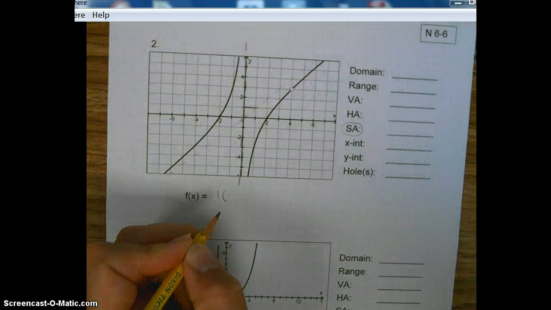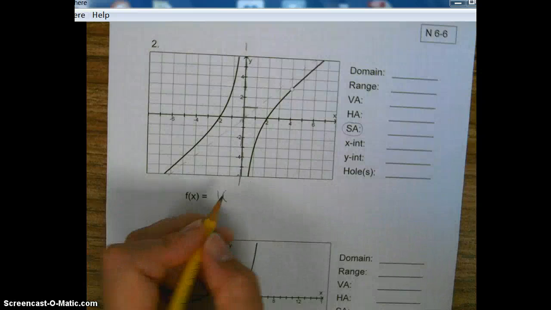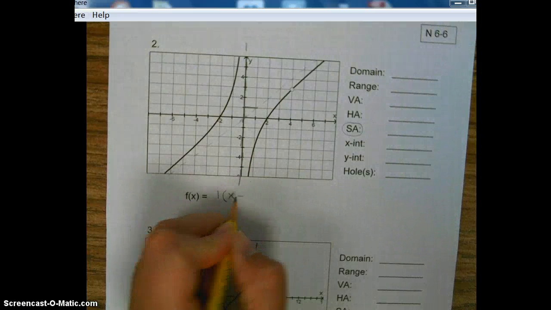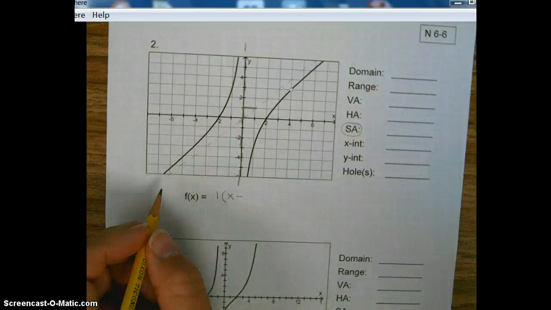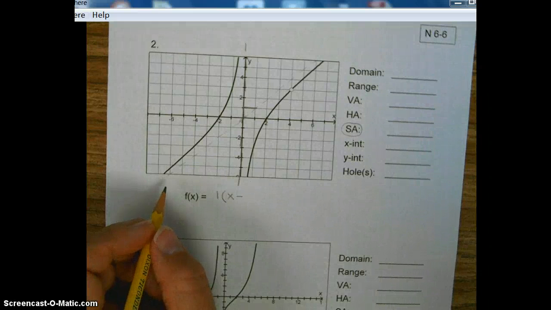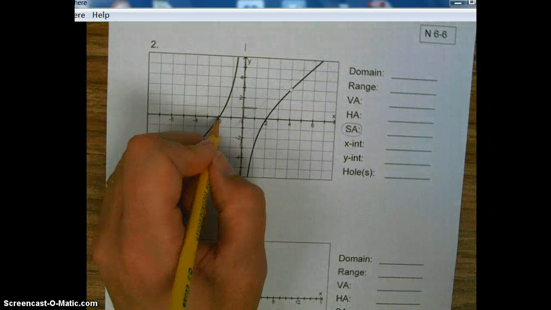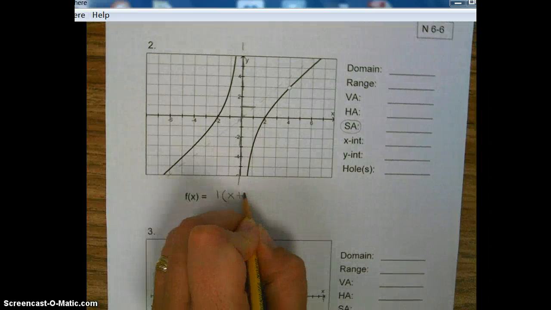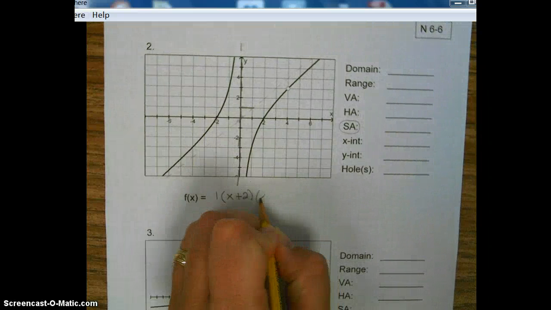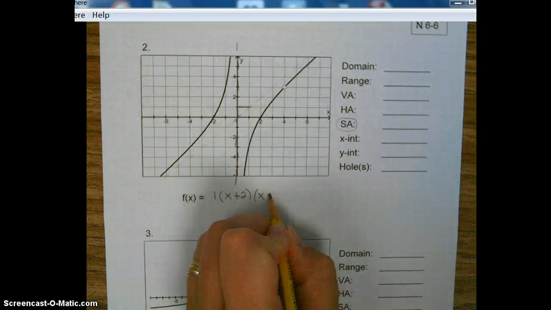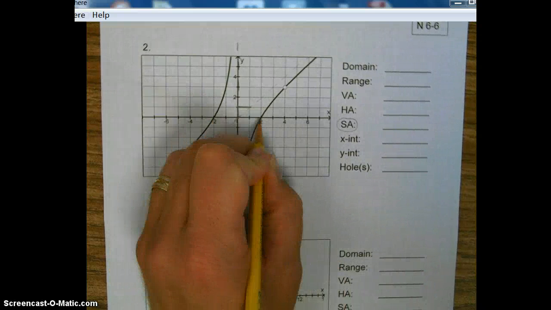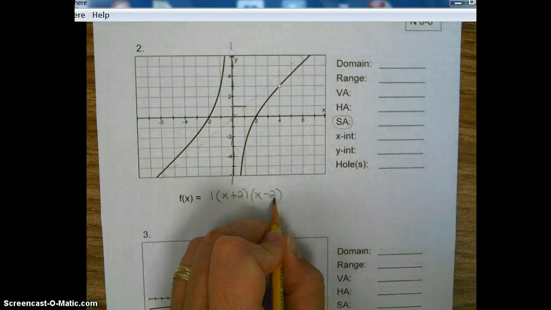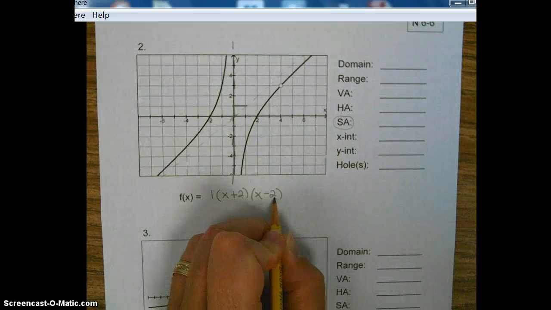times, okay, looking back, x minus our x-intercept. Well, in this case, we have two x-intercepts. So we have -2, so x plus 2, and x minus 2. Since there's two x-intercepts, we have to have two factors. And then we need our hole.